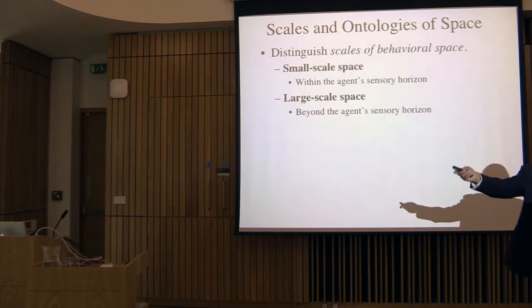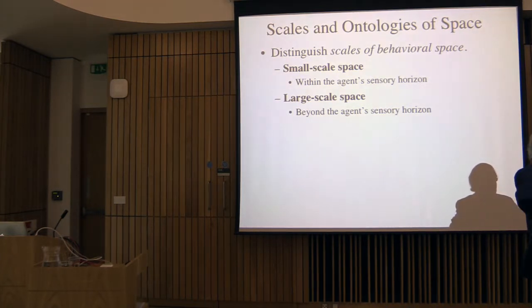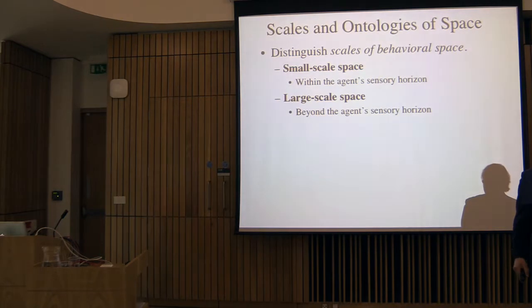I can shift my attention around almost instantaneously throughout this room. But the structure of the city is large-scale space, so its relevant structure is well beyond the scale of my perceptual horizon, so I have to knit together information gathered over time.